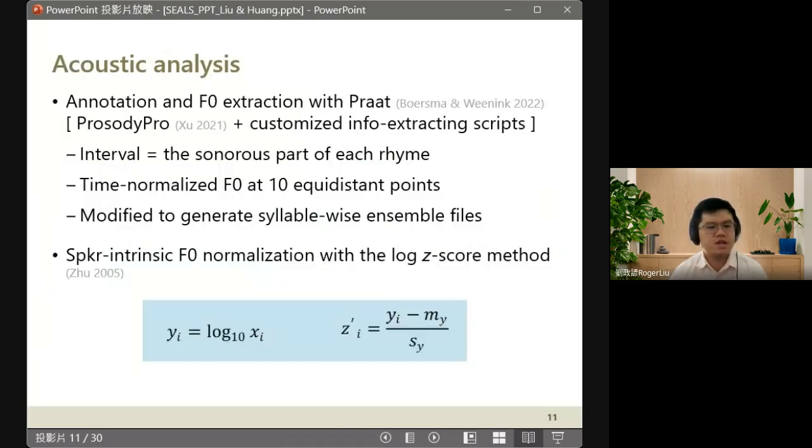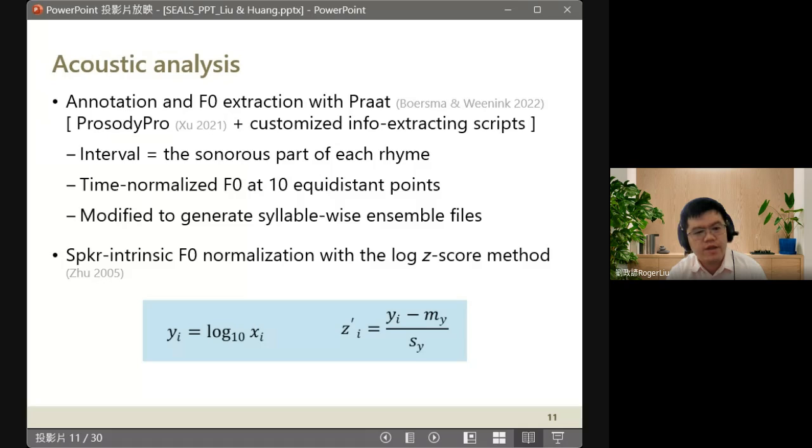The acoustic analysis process is stated here. We annotate and extract F0 mostly with Praat and with the help of the ProsodyPro script, plus some customized script which extracts the information from the text script.